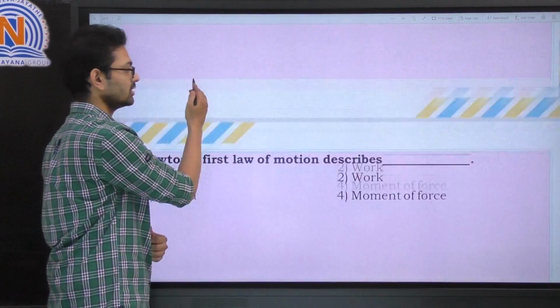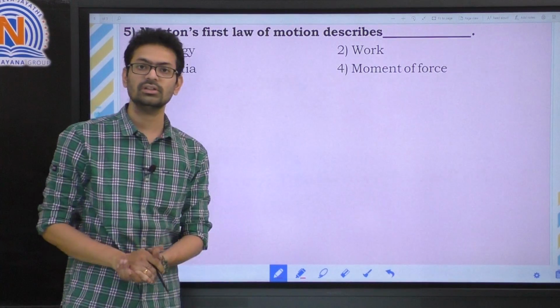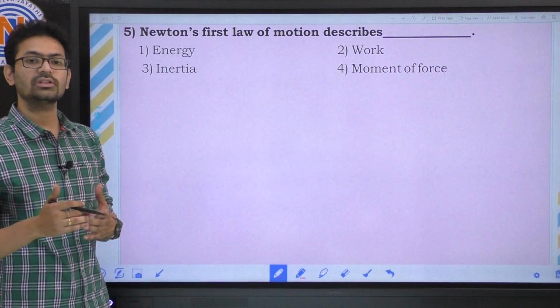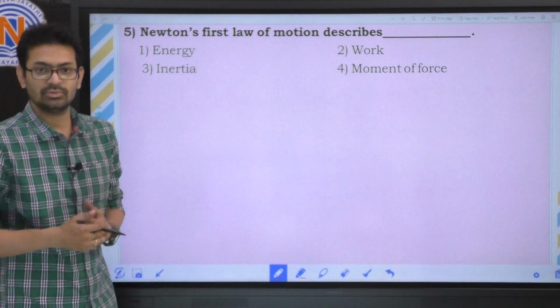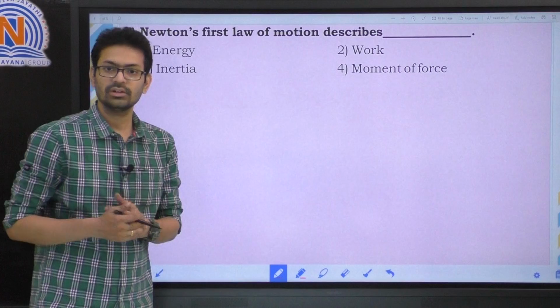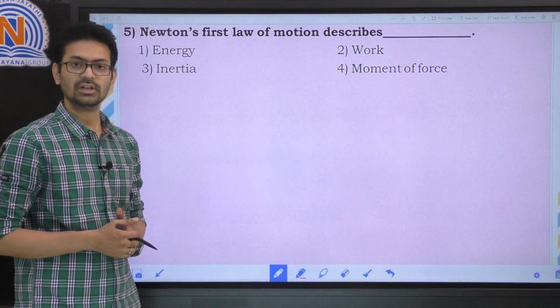Your next question is this one. Newton's first law of motion describes dash. Energy? No, that's wrong. Work? That's also wrong. Inertia? That's correct.